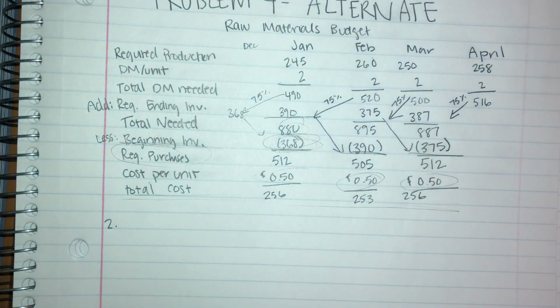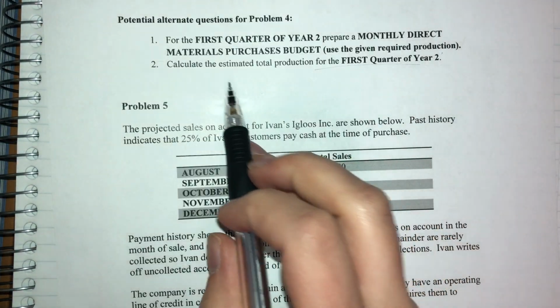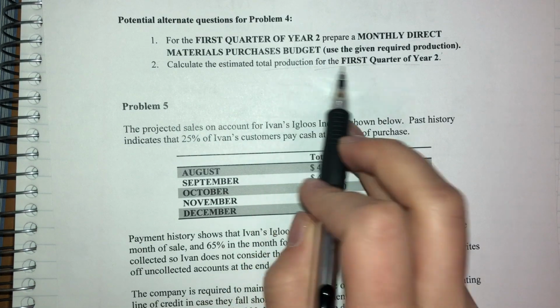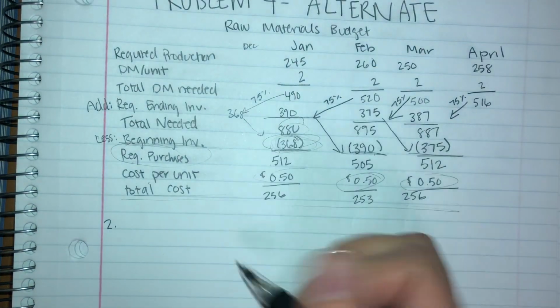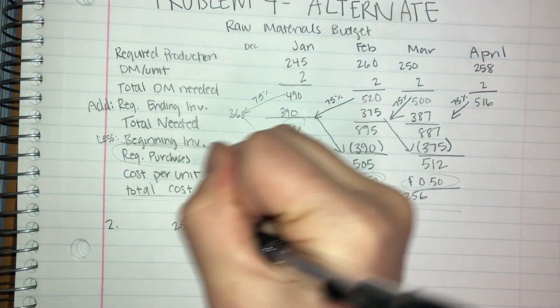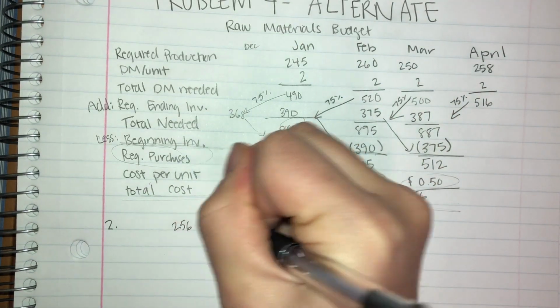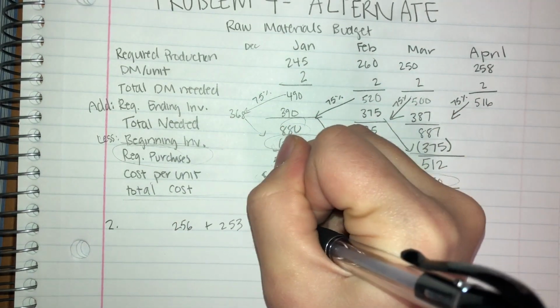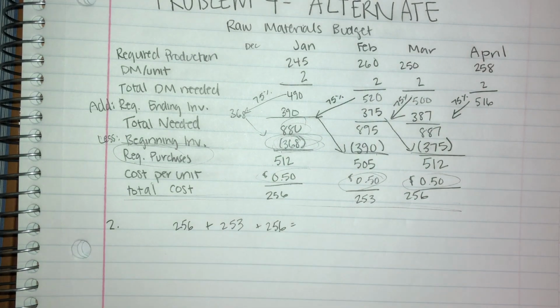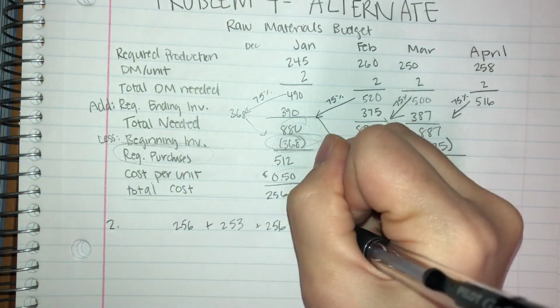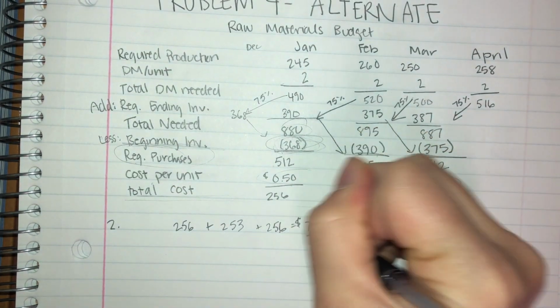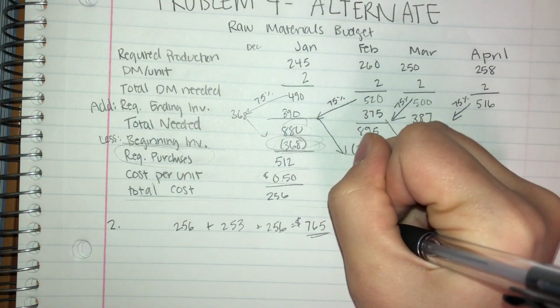So maybe this question should have said not total production, but total direct material purchases. So we're going to add those 3 numbers together: 256, 253, and 256. So I get a total of $765. That's what I'm going to be spending on my raw materials.